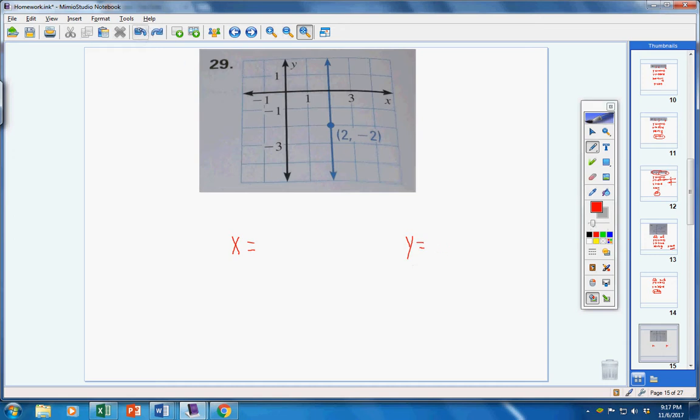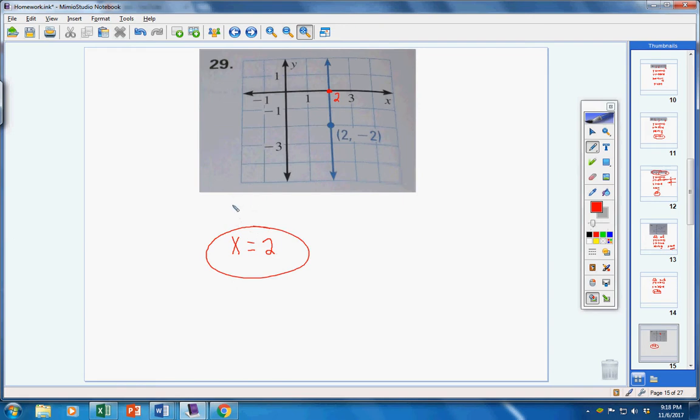We have a vertical line, so it's going to be x equals some number. Now, where does this line cross the x-axis? Here's the x-axis. Right there, which is 2. So the linear equation is simply x equals 2.